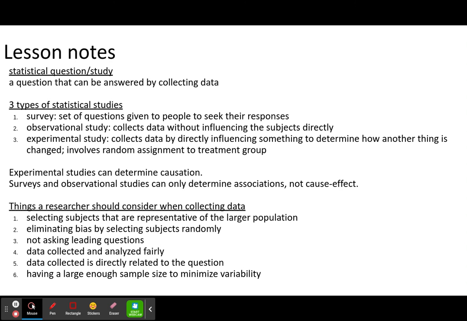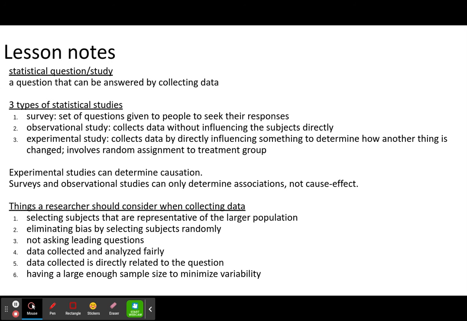An experimental study is important because that's the only type of statistical study that can determine causation. In other words, that is the only type of study that can prove a cause and effect relationship. Surveys and observational studies can only determine associations. All right, but they do not prove cause effect relationships.